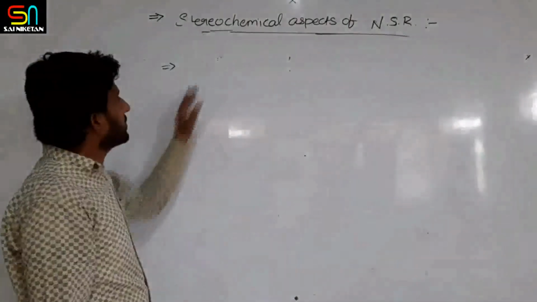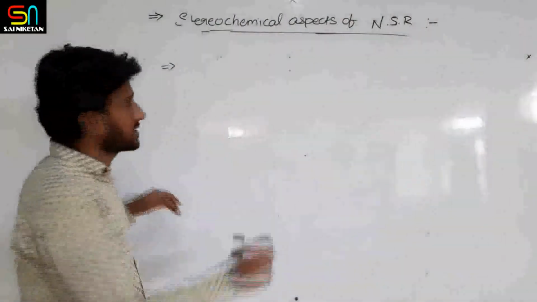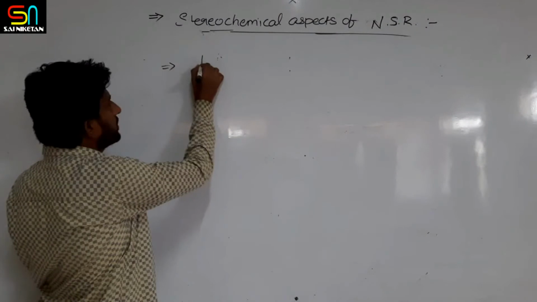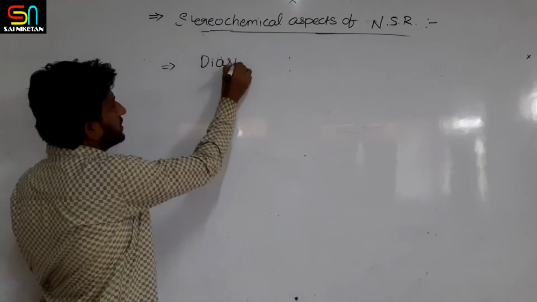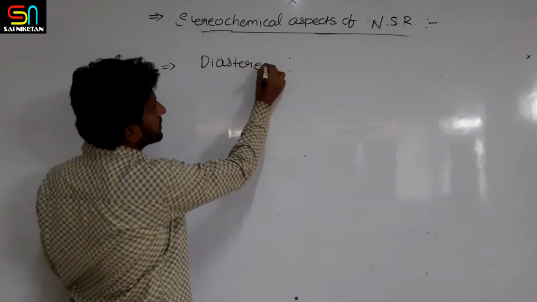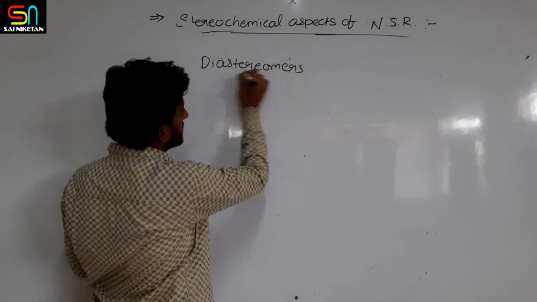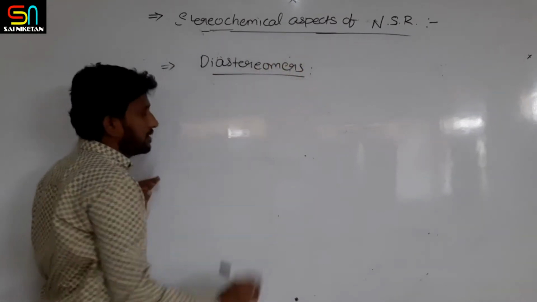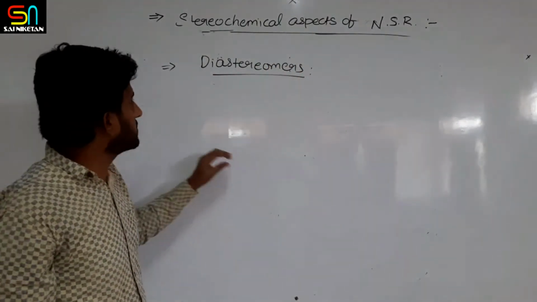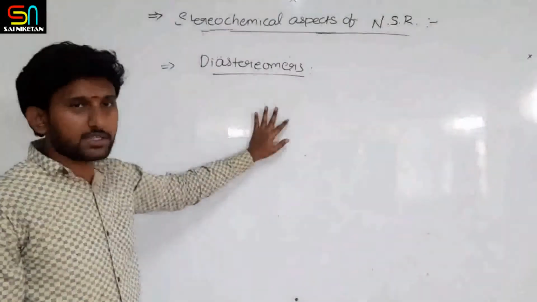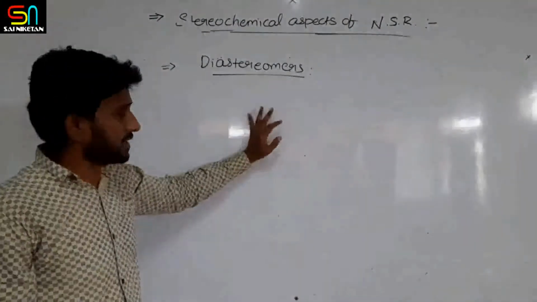So the next type of stereoisomers, let us say, is diastereomers. Now what do diastereomers mean? These are also a type of stereoisomers, with optical isomer activity.